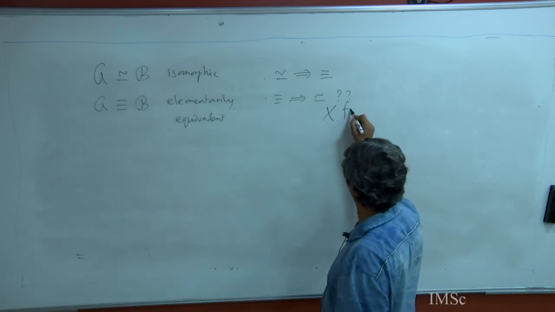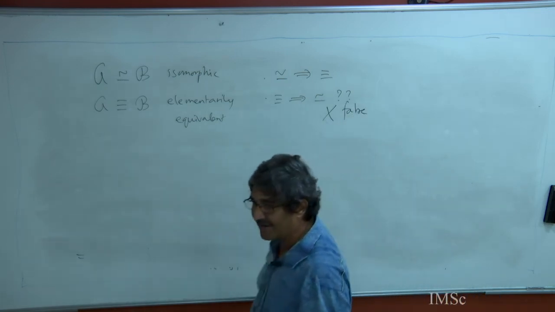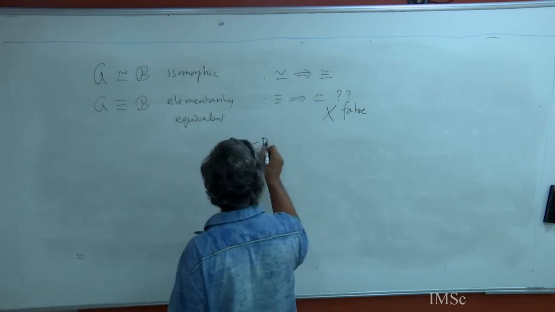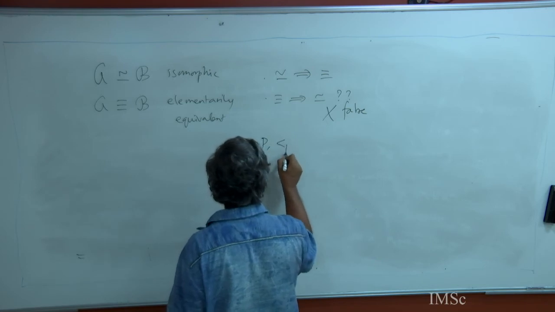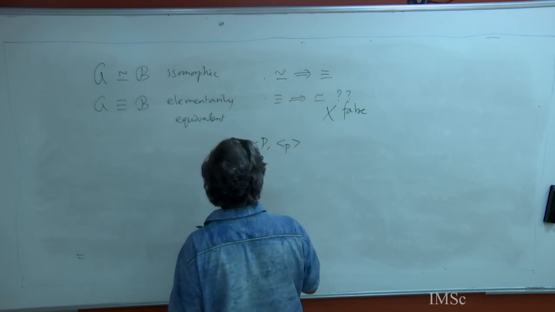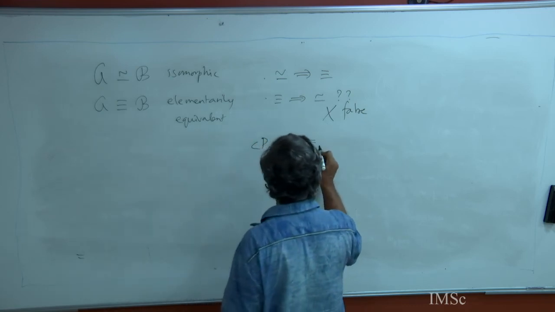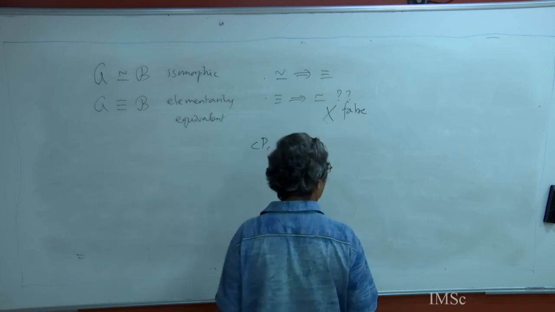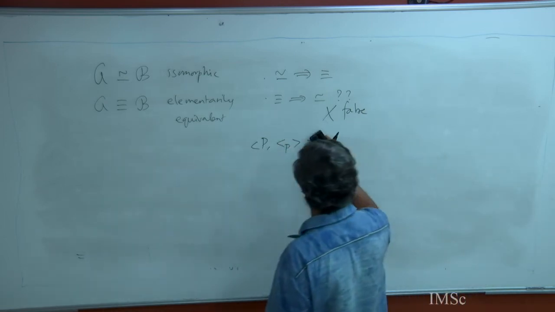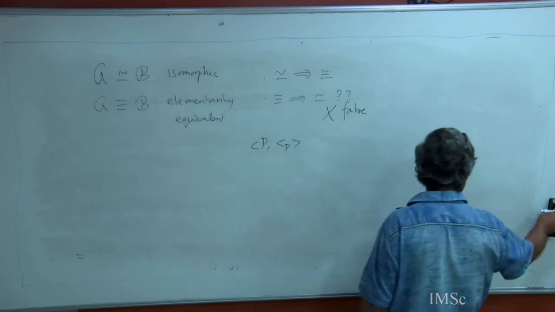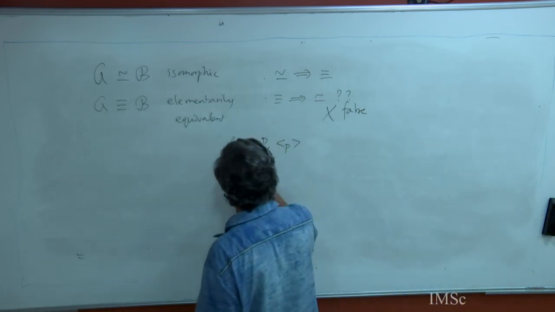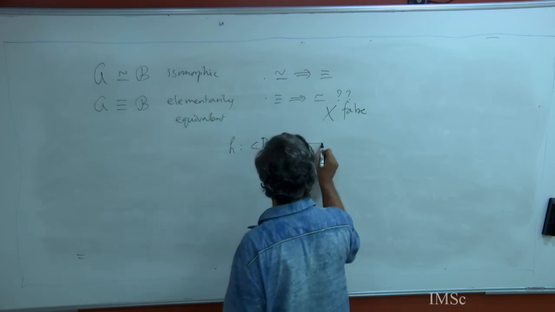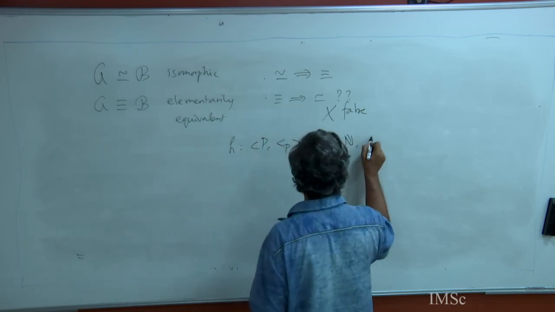This is false. Elementary equivalence does not imply isomorphism, because the example that I took already shows this. I said I have a homomorphism from positive integers to natural numbers.